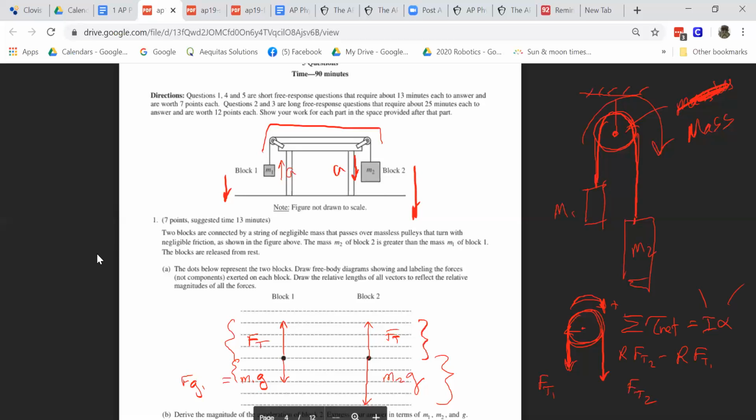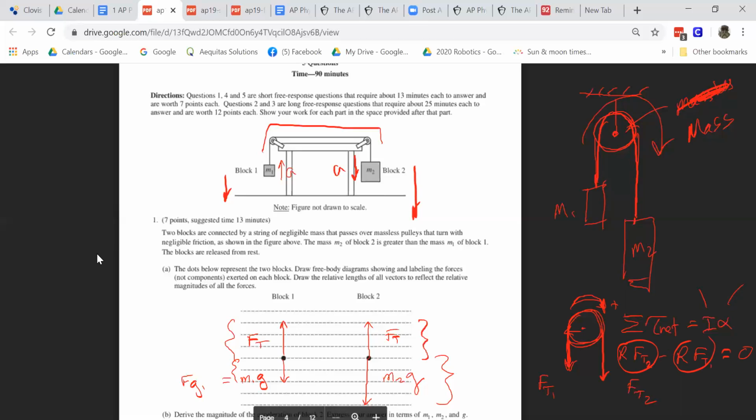So that's when the tension forces in the string will be different going around a pulley: if the pulley has mass and if you need a net torque to turn that pulley. Because if FT1 and FT2 were equal in magnitude but opposite in direction, then these two torques would be equal and you'd have zero net torque.